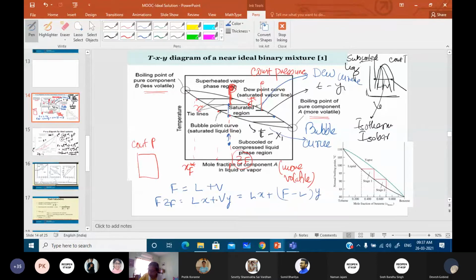From this particular part, what do you get? Can you see if I write it down here? From here, what do we get? We get L by F equal to, can you do this L by F and tell me what you are going to get? L by F will be equal to, come on. Do it and tell me.